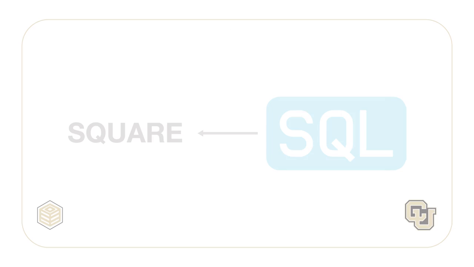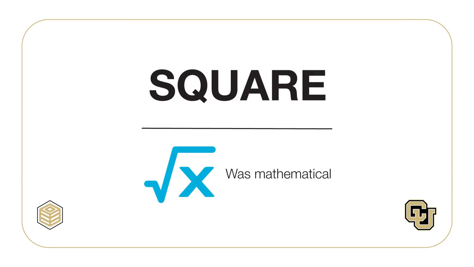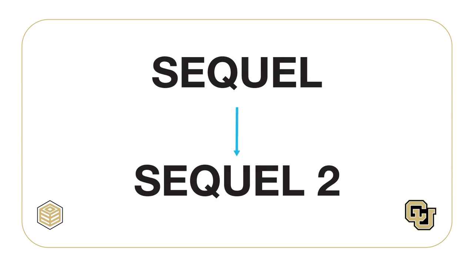The structured query language has a colorful history. SQL began life as the Square language in IBM's System R project. The Square language was somewhat mathematical in nature. After conducting human factors experiments, the IBM research team revised the language and renamed it Sequel, a follow-up to Square, and then renamed it Sequel 2.